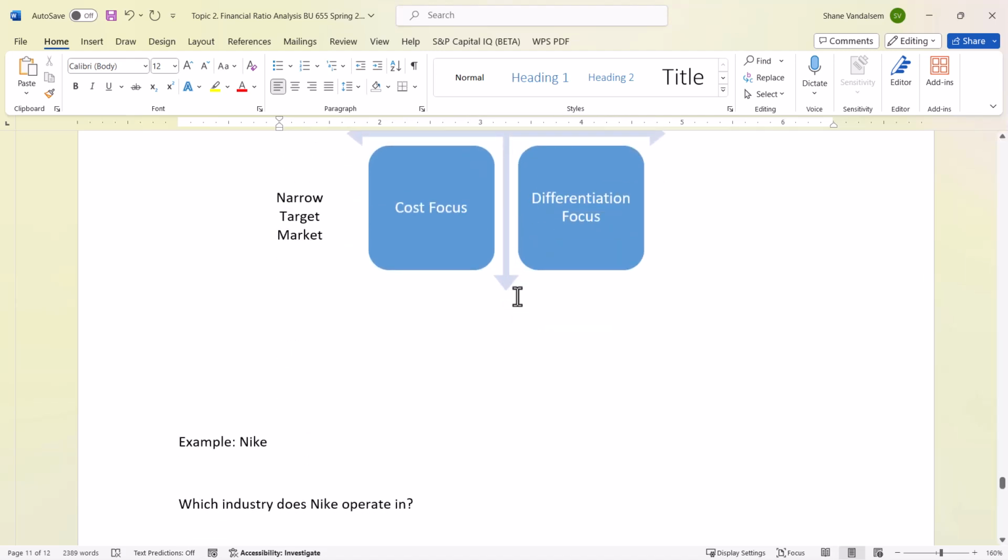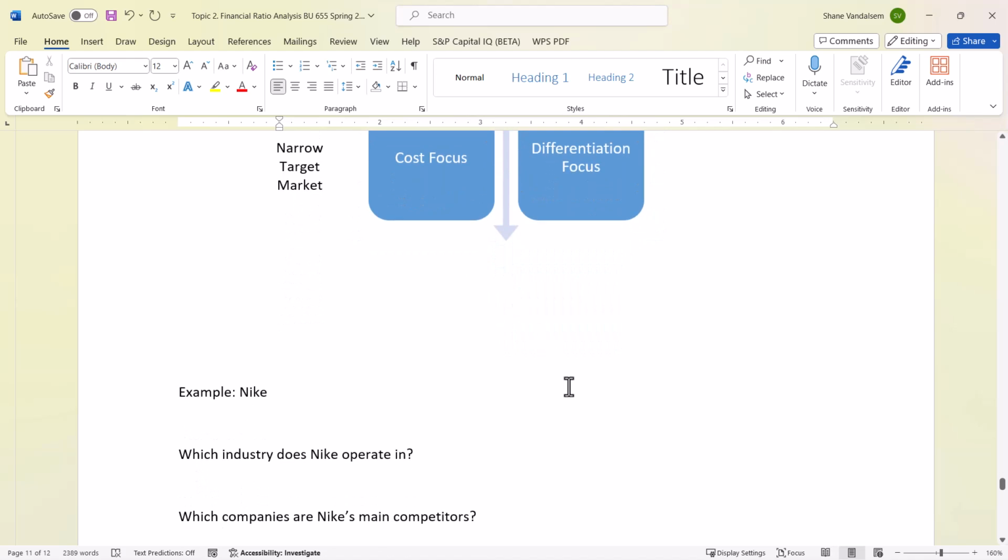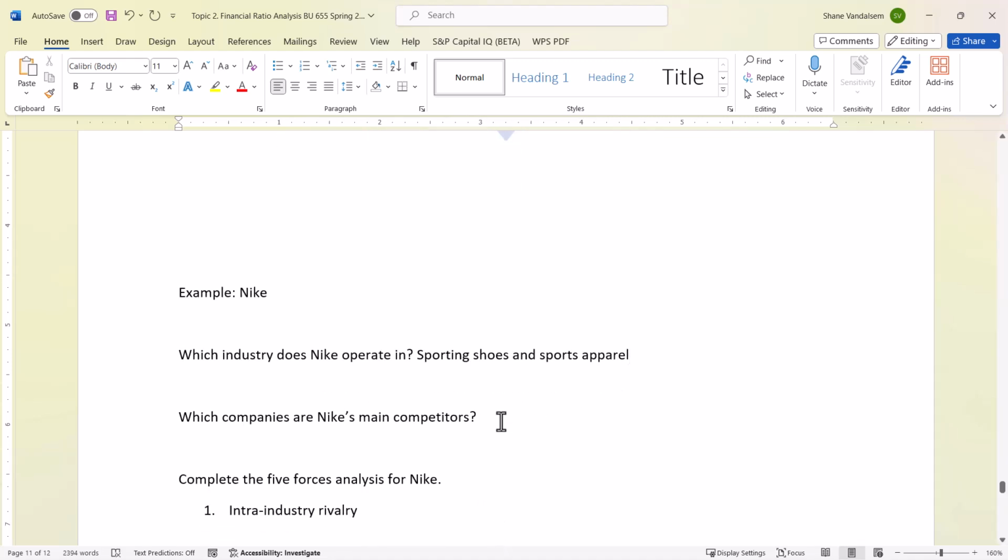I've got an example here of Nike. So Nike, what industry does Nike operate in? Generally seen as sporting shoes and sporting apparel. So which companies are Nike's main competitors? And I've used this example many times in my classes, and so I can kind of give you the answers that I typically get when I ask this question.